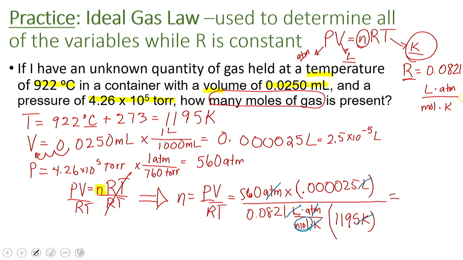Remember, when you're putting things in your calculator, you multiply all the way across the top and divide all the way across the bottom. And we end up with 0.0000. Let's write this a little smaller so that I can get everything on. Well, I'll write it down here.